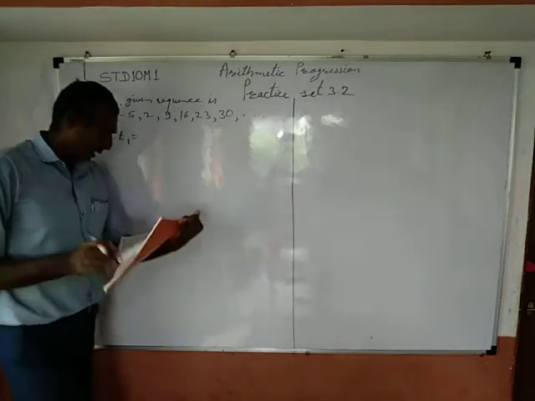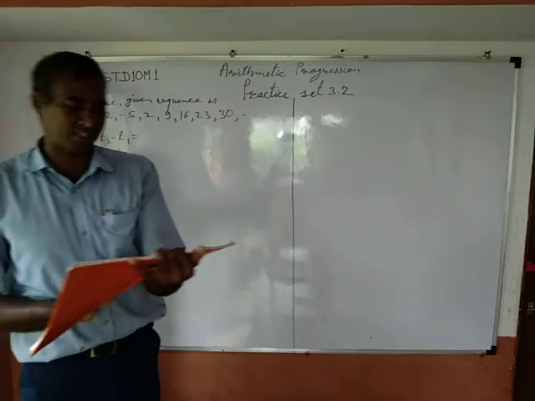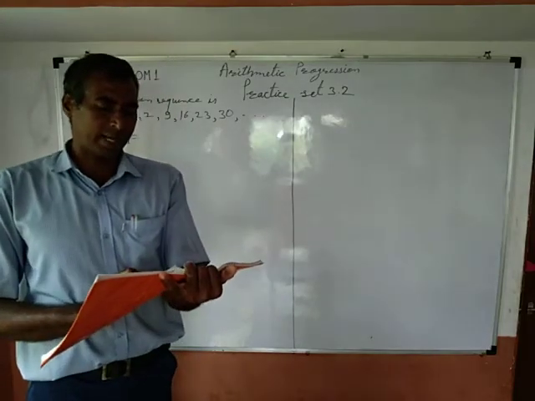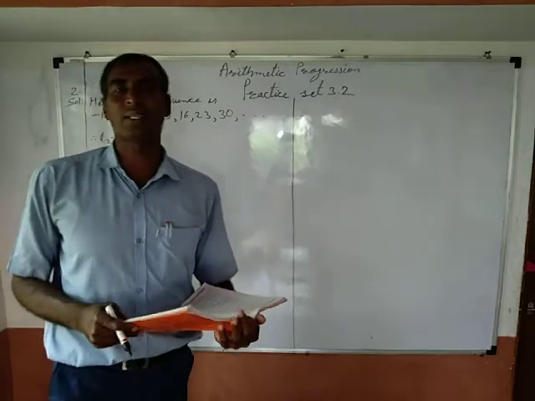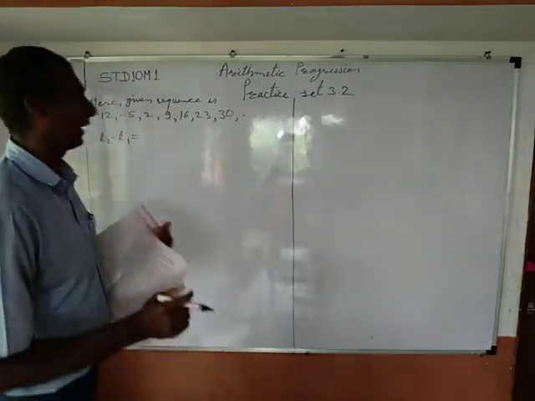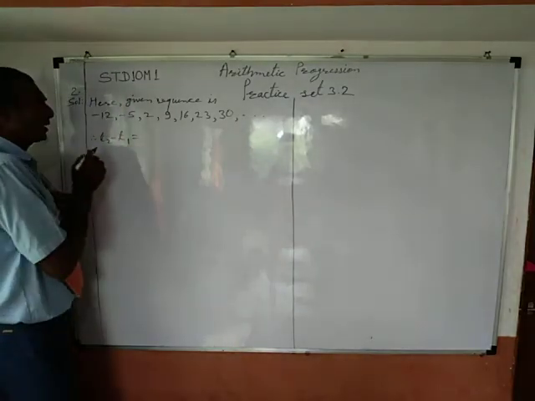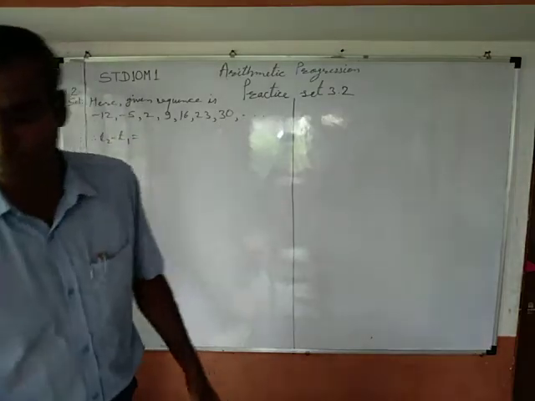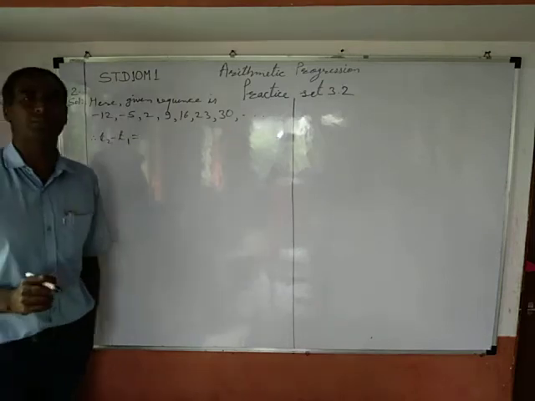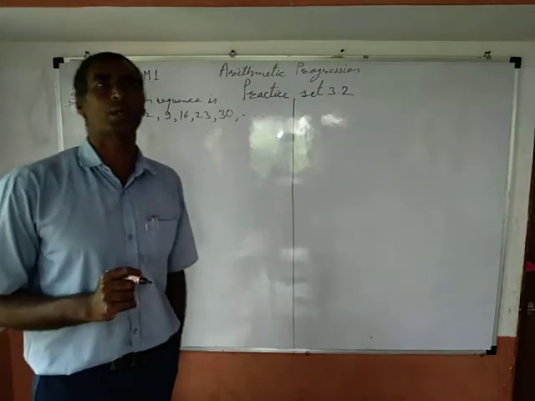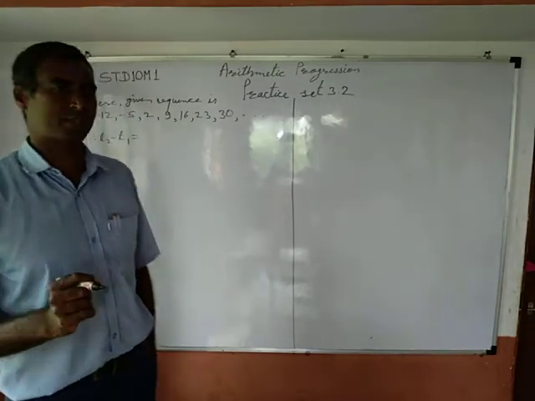We are interested to decide whether this sequence is an AP or not, and if so, we are interested to find its 20th term, which means we are going to find T20. We know that a sequence is an AP if and only if the difference between any two consecutive terms is constant.